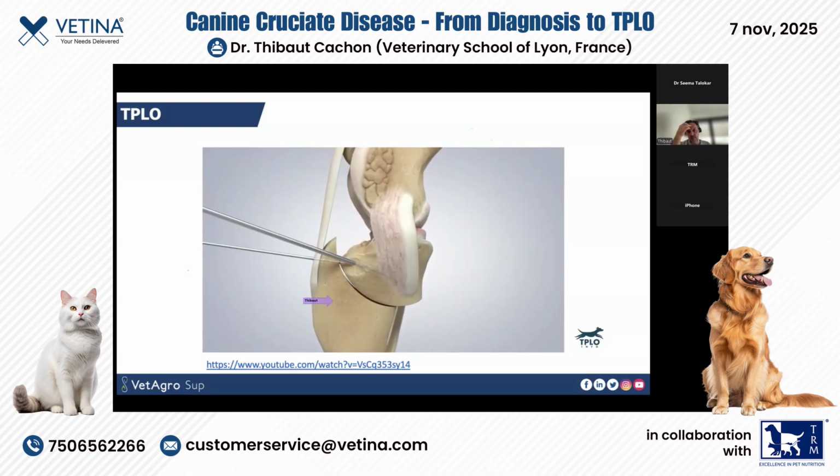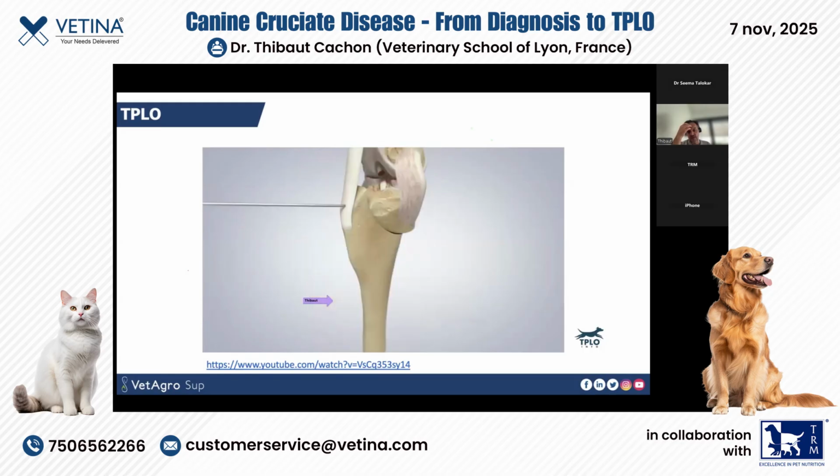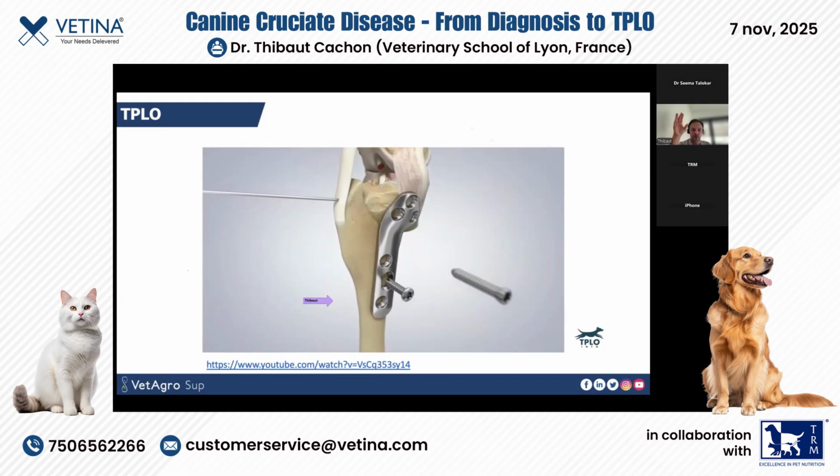A temporary Kirschner wire could be used to avoid any motion of the proximal part of the tibial fragment, and you put your plate on the medial side of the stifle.